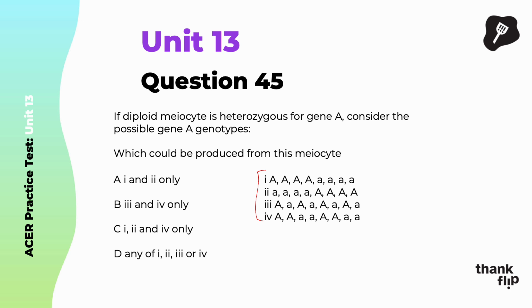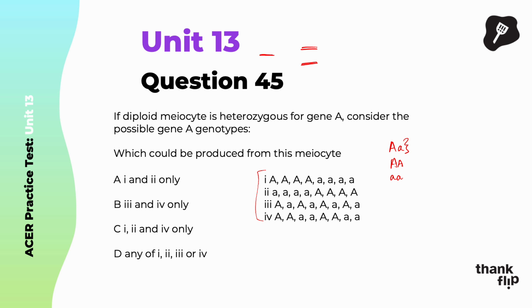If it's heterozygous for gene A, let's start by drawing out this diagram. Heterozygous means essentially you have one capital allele and one lowercase allele. So it's not the same allele, it's different alleles. That's heterozygous.